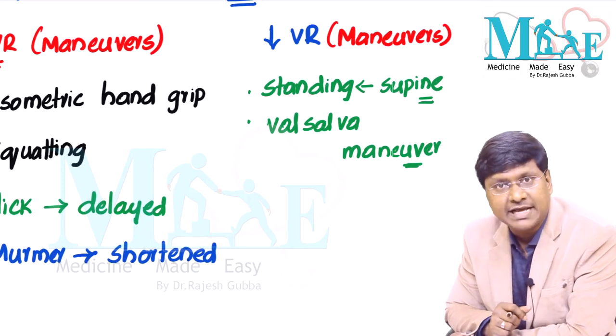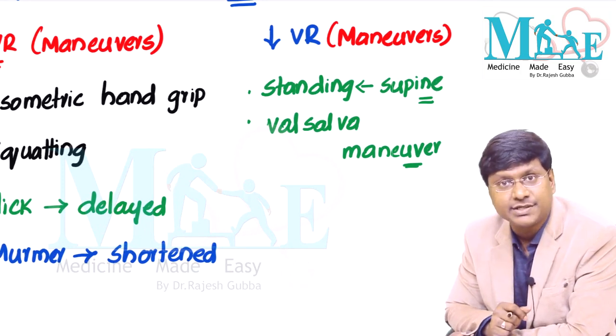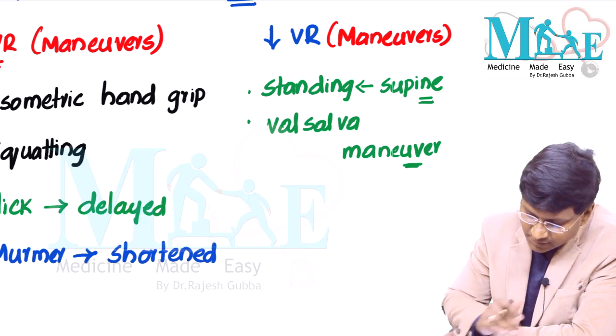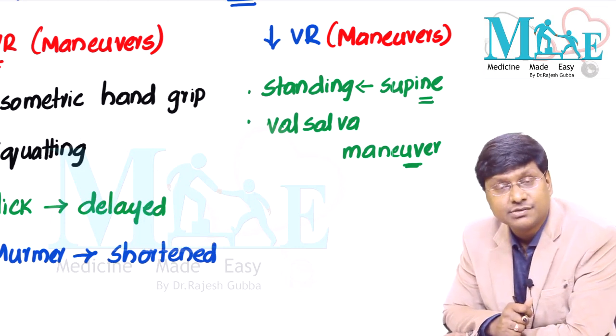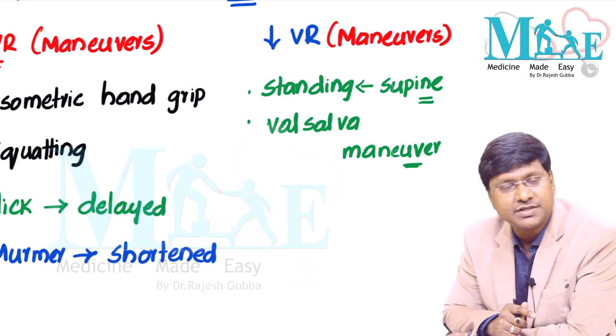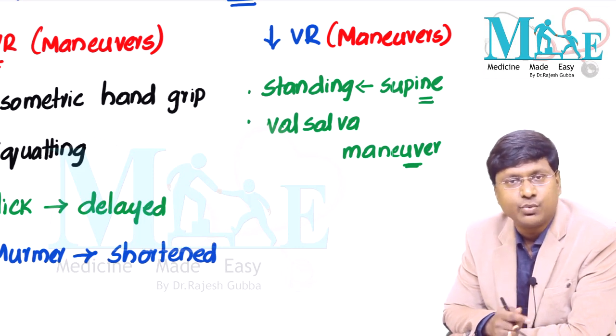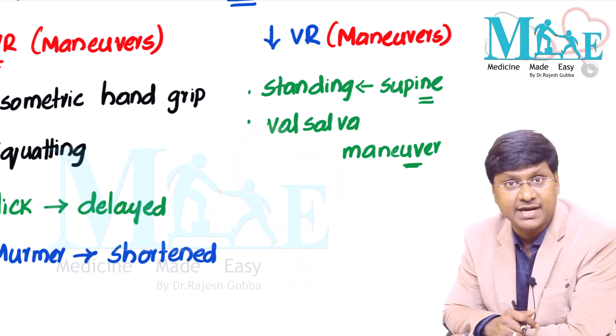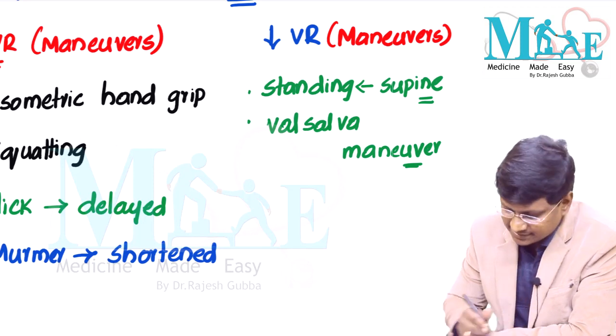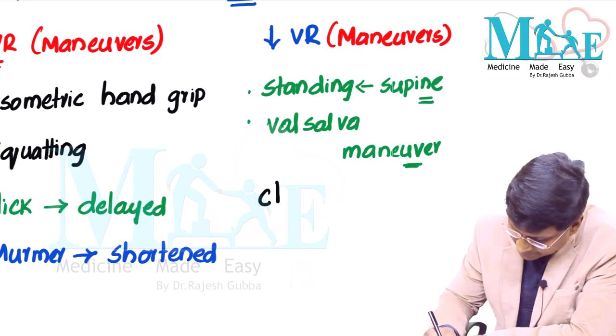Now, let me tell you what will happen when the venous return is reduced. When the venous return is reduced, that means the amount of blood on the right side is reduced. So where do you think the blood is now? The large quantity of the blood is on the left side of the heart. In this clinical scenario, what will happen to the click?